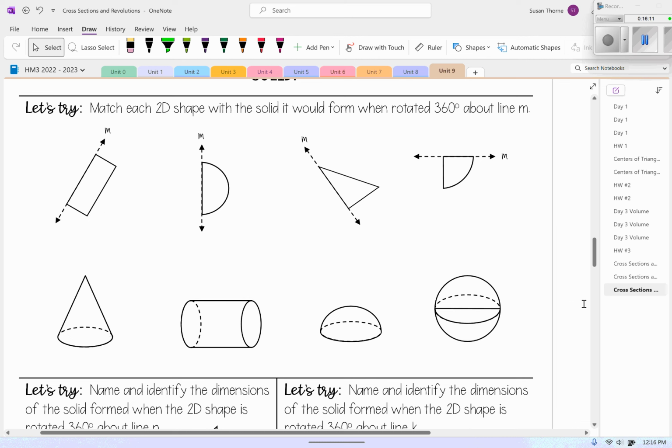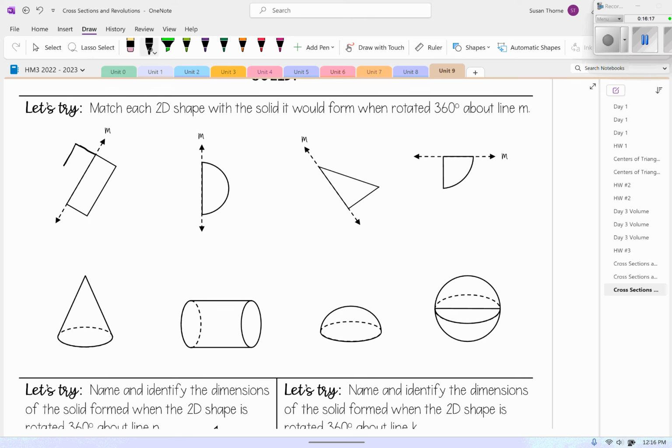Looking at the first one, if we were to rotate this around, if you can imagine doing so, notice that it's going to make that cylinder shape if we rotate this 360 degrees. Same thing over here. If we take this shape and rotate it 360 degrees, it's going to make a sphere.